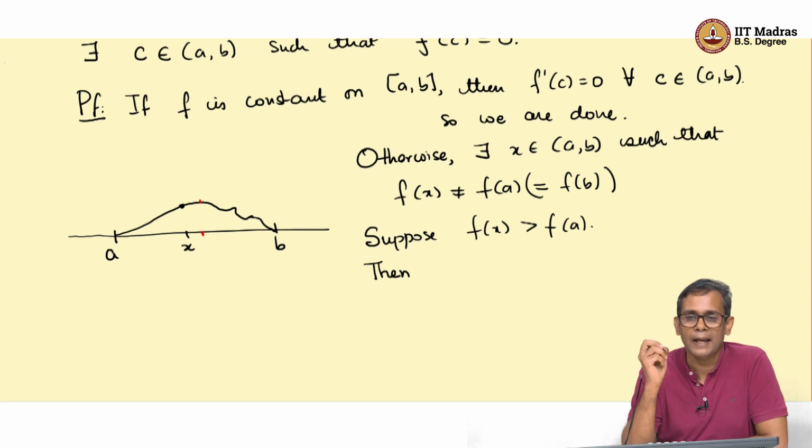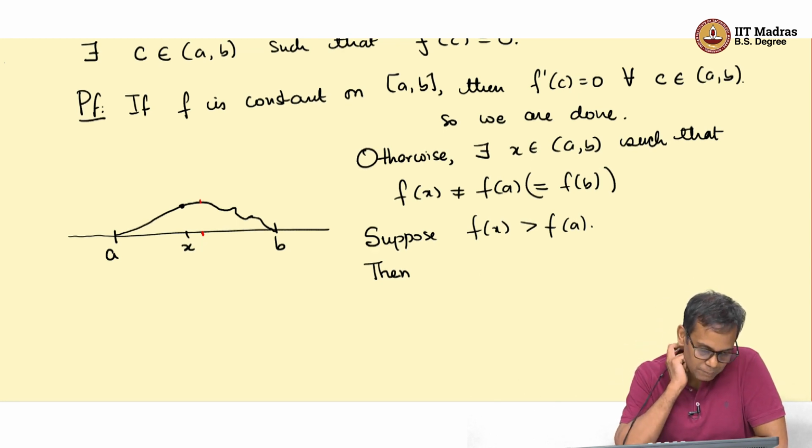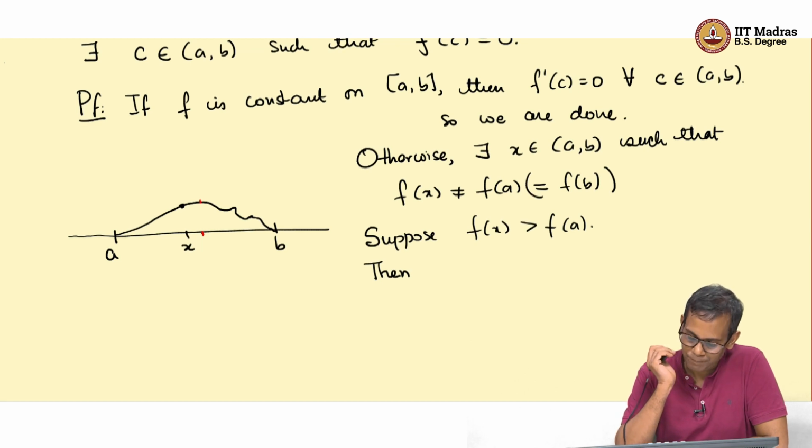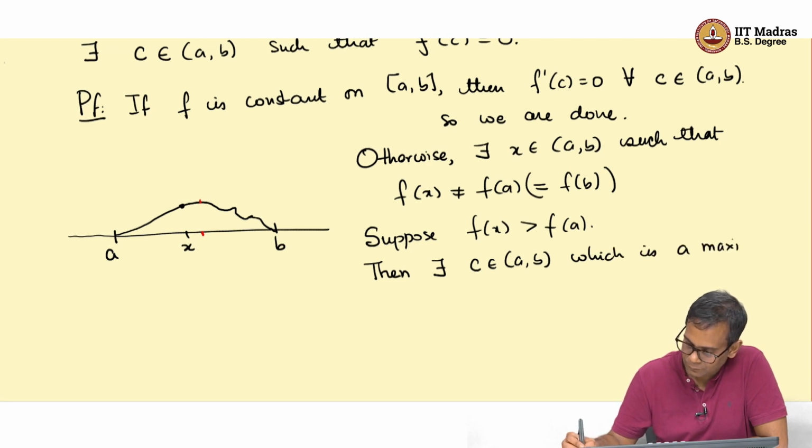now this function f is continuous on the closed interval [a, b], so it must have a maximum. So, if you look at this maximum, there exists a point c belonging to [a, b], which is a maximum for f on the closed interval [a, b].